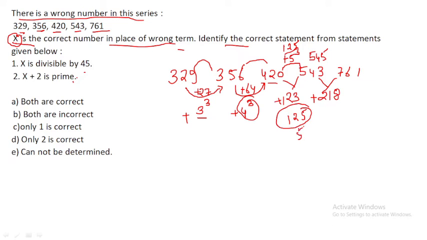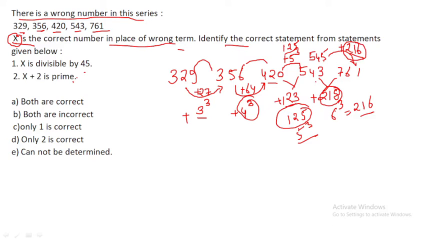The next difference, 218, is also not a perfect cube; 6 cubed is 216. So if 545 is our correct number, the difference between 545 and 761 must be 216. And is that coming? Yes, we are getting this.